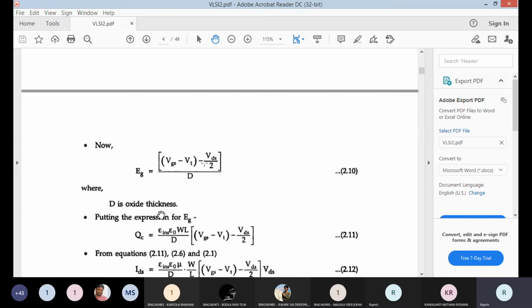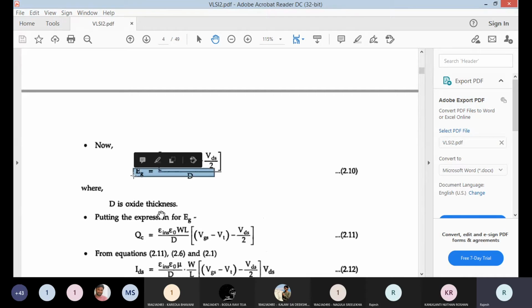But still we are subtracting one more effect. What is the effect? The average electric field coming in between gate to channel due to VDS. So that is minus VDS by 2. Because there is an electric field between gate to channel, there is an electric field between drain to source because of VDS.